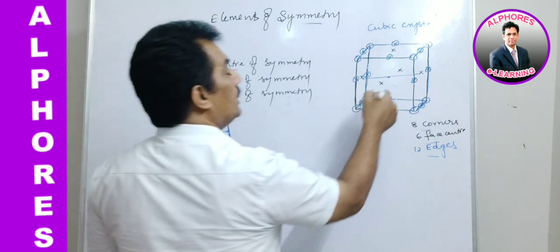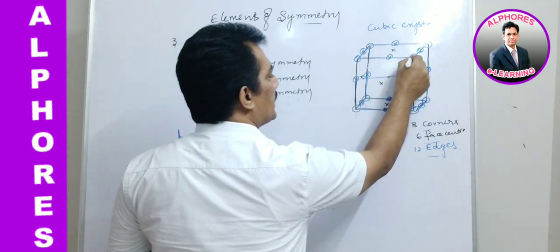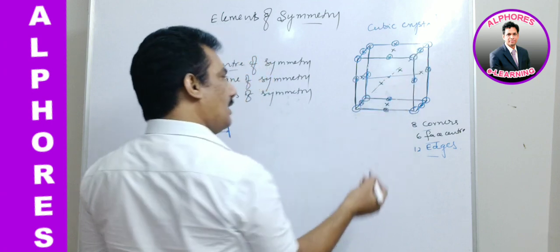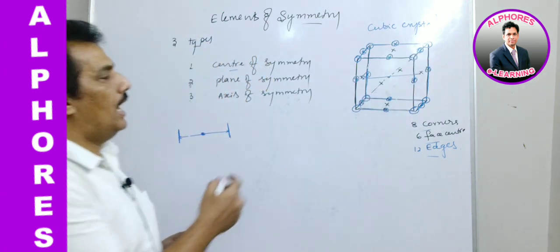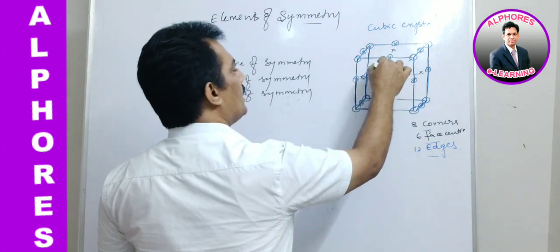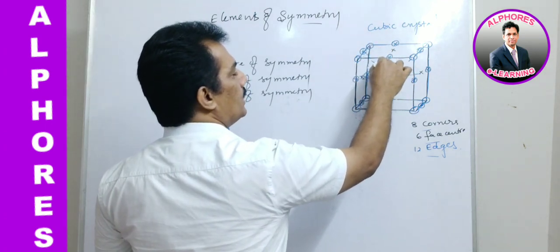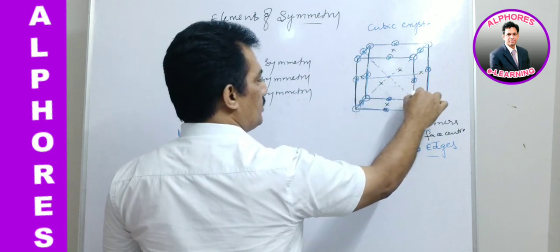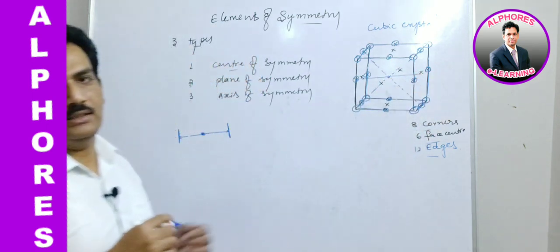Clear? If I move in this direction, I reach a corner, so in the opposite direction I will reach a corner. And in this direction, at a certain distance, I get an edge center, and in the opposite direction, at exactly the same distance, I again reach an edge center.